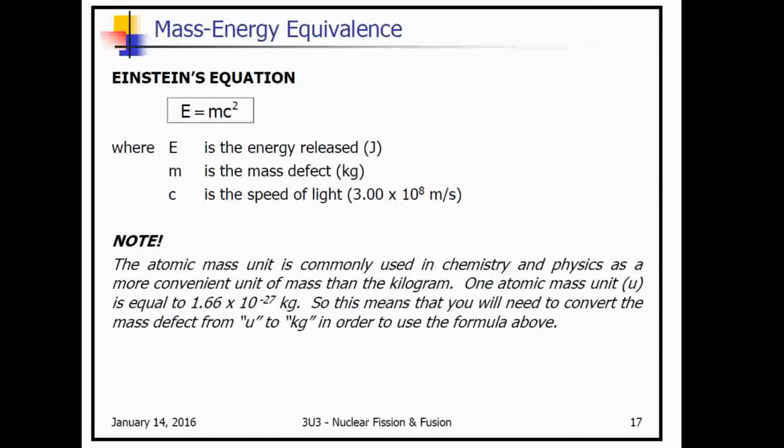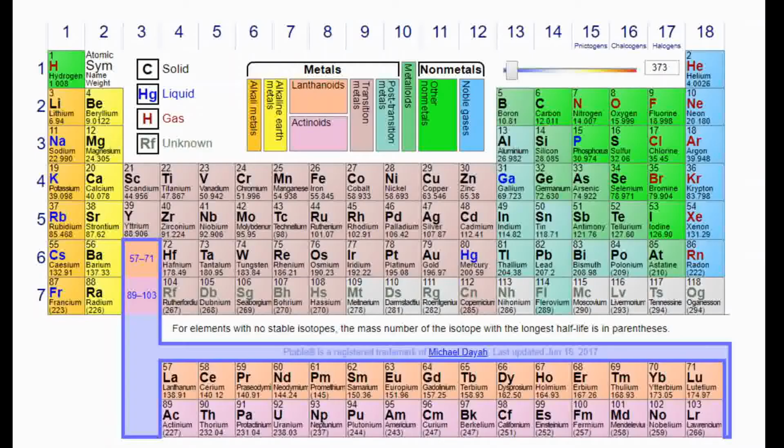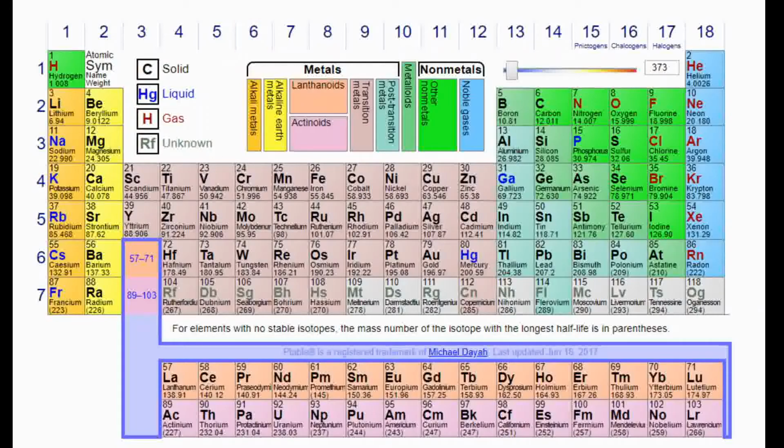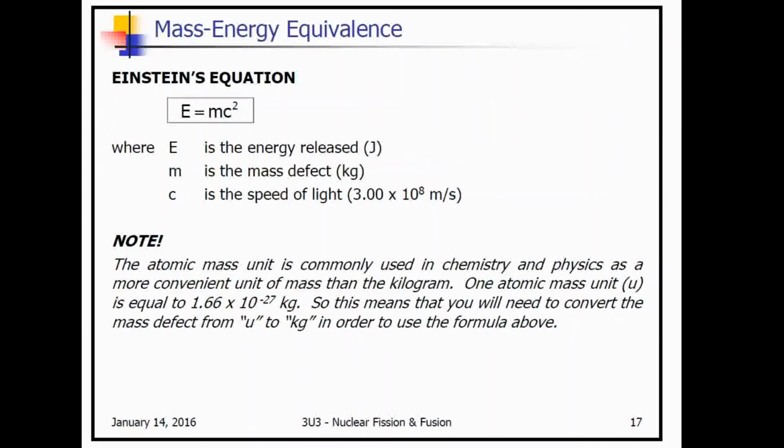For example, if I switch over to my periodic table and look at chromium, I see a 24 here and 51.996. That 51.996 is my mass in atomic mass units. If I want to convert that into kilograms, I have to multiply by this value here, which is 1.66 times 10 to the negative 27.